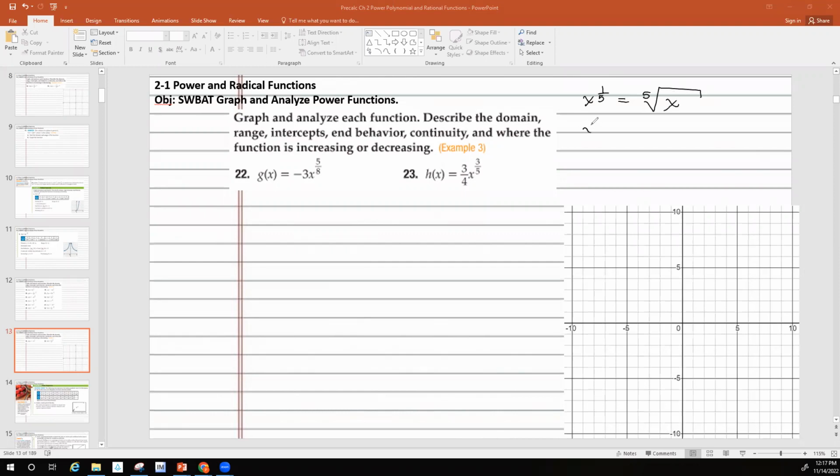Also, if you had x to the 2/3, the bottom number, the denominator, is your n. That's the cube root of x, and the numerator stays with the x. You don't need to put the 1, but just know that it's there.